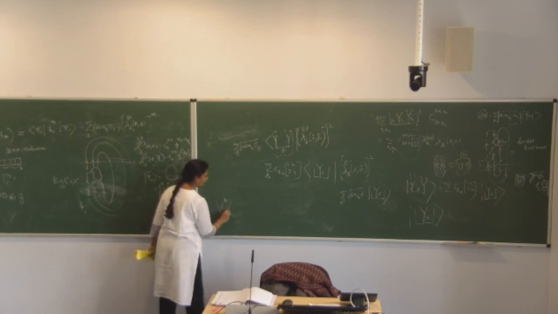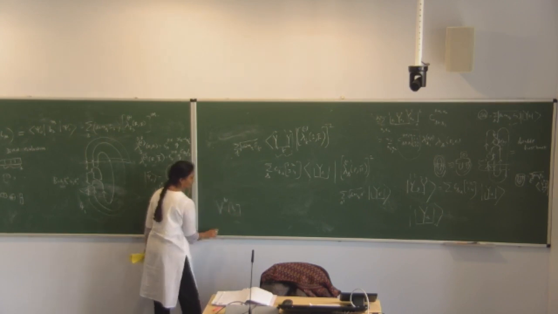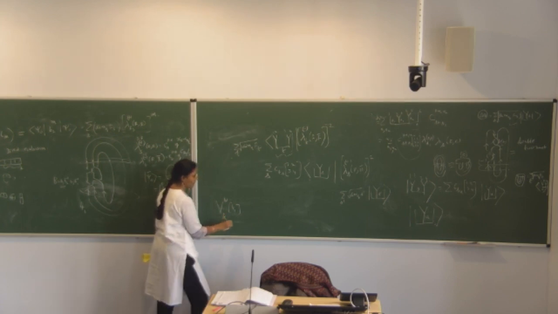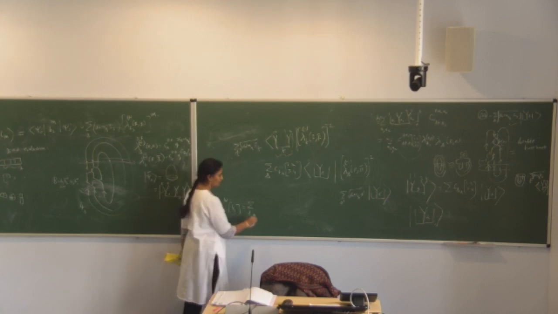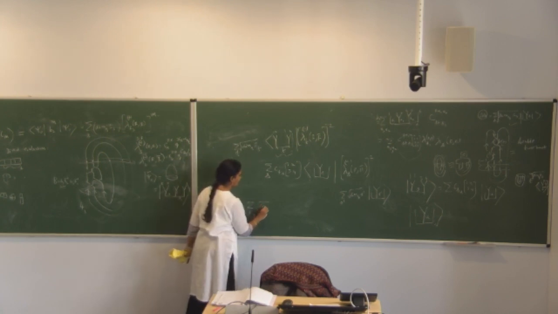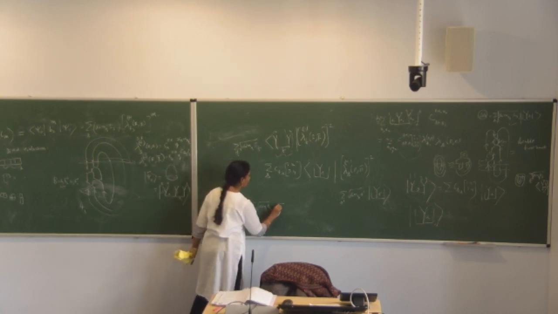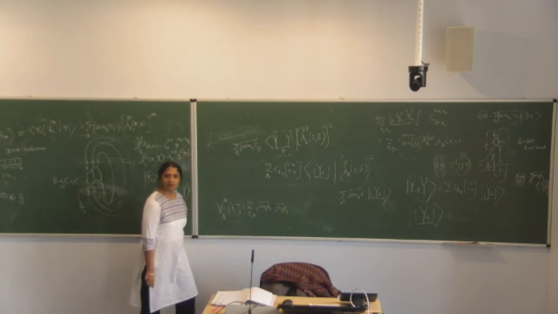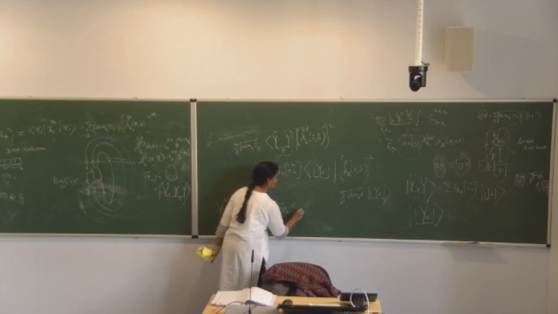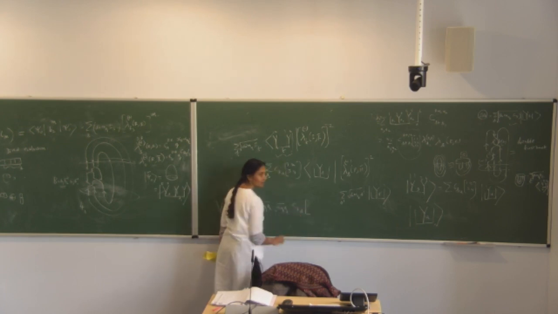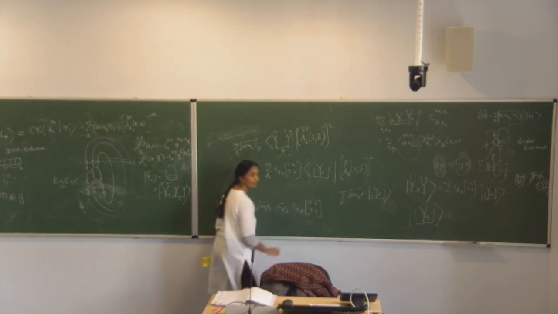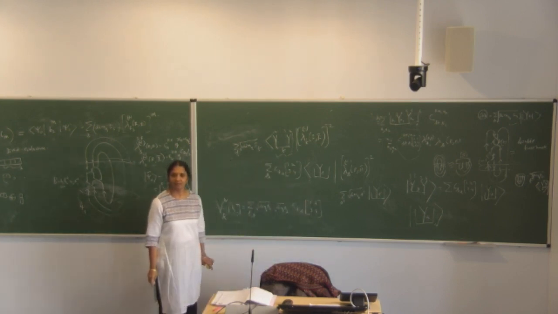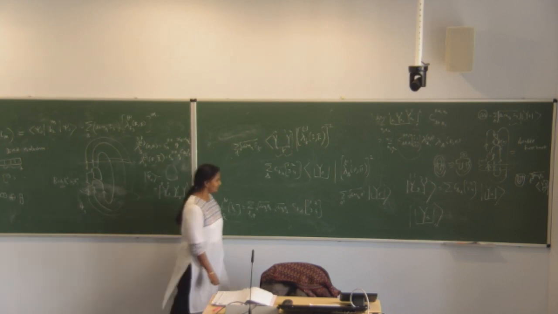The normalized version for figure 8 with any representation R will be a summation over S and T, square root of dimension Q of R T, square root of dimension Q of R S, C T S 1, 2, 3, 4. Those are the external punctures which carry the representation.